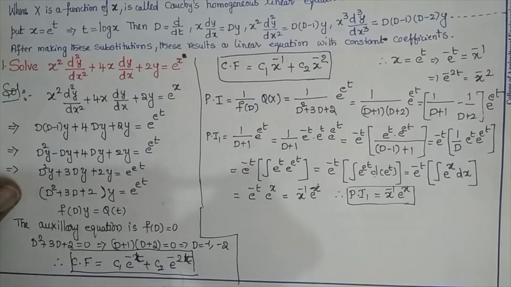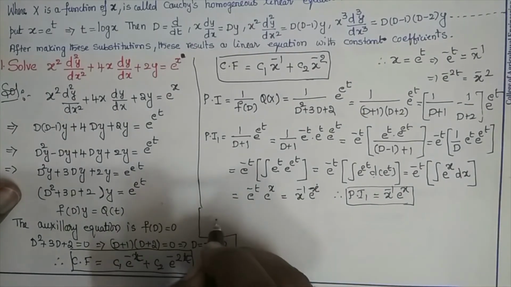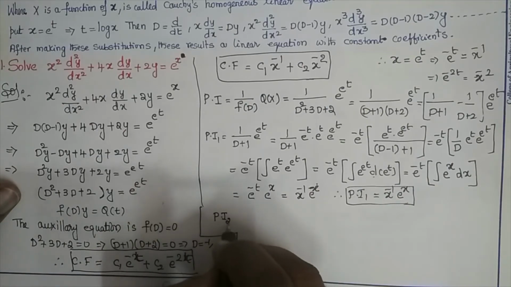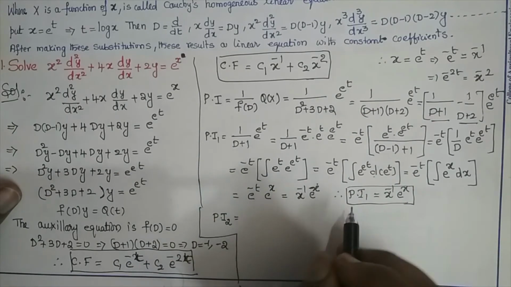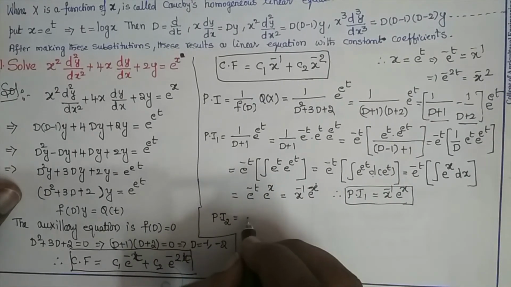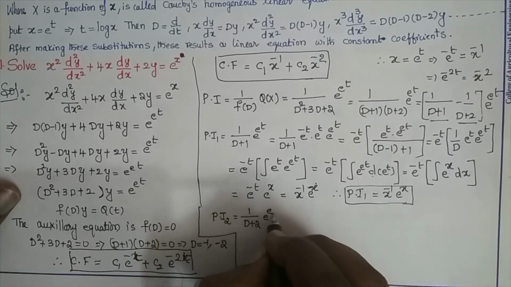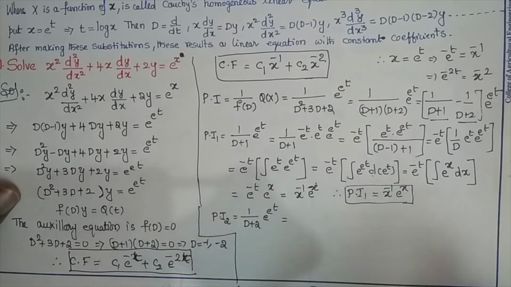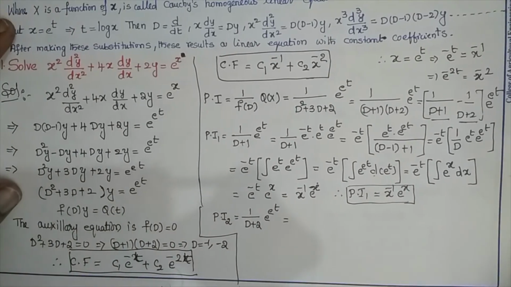Now we are going to find PI2. This is PI1, this is PI2. 1 by D+2 into e^t. So again we have to take some substitution.